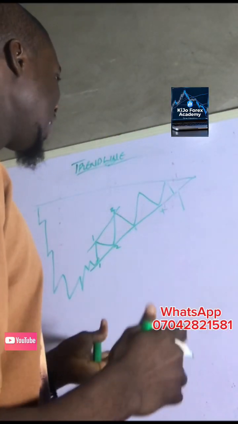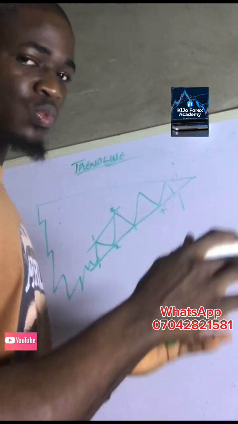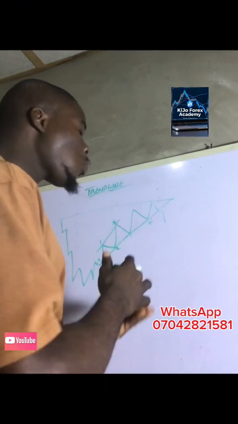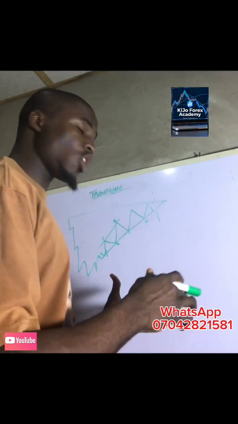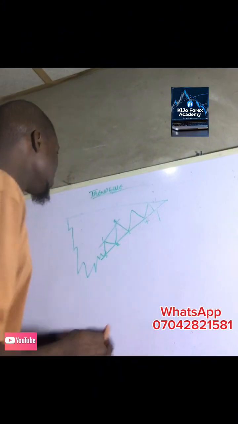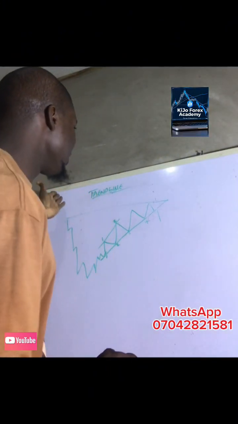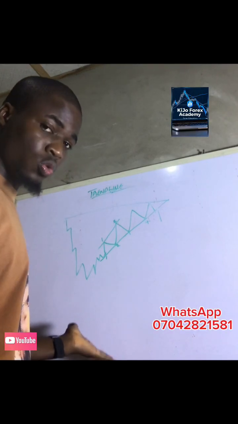A lot of the trades that I took, this is the same strategy that I used, and it is working perfectly. This strategy works in some market conditions. It does not work all the time. You will not expect to use this strategy when you do not see the previous high or the previous low.